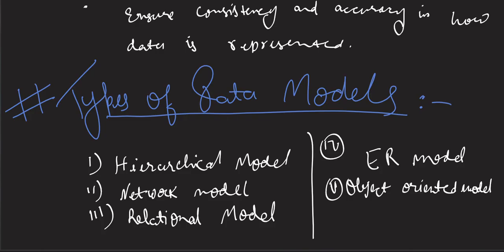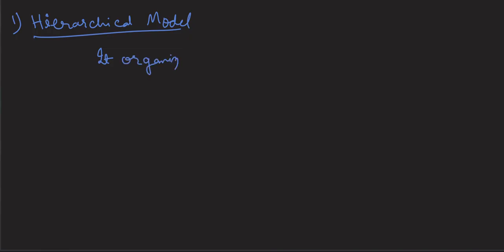So let's start with the first model, which is the hierarchical model. It organizes data in a tree-like structure.